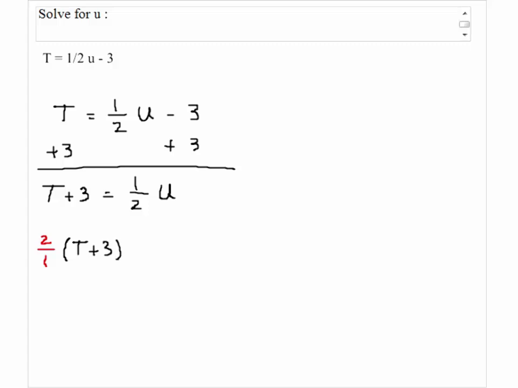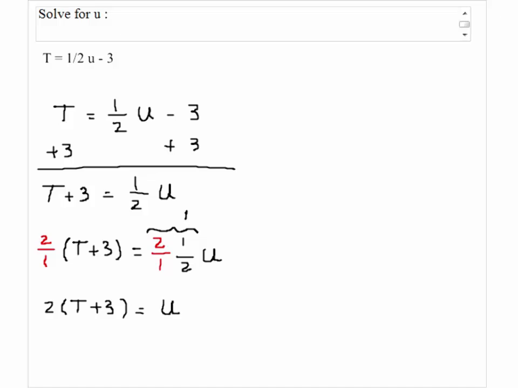I would get 2 times t plus 3 on the left hand side, and on the right hand side I would get 2 over 1 times 1/2 times u, and as you see, 2 over 1 times 1/2 would be equal to 1, so I would get 2 times t plus 3 on the left hand side, which is equal to 1 times u, or u.